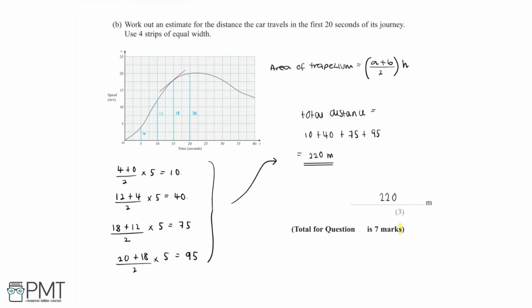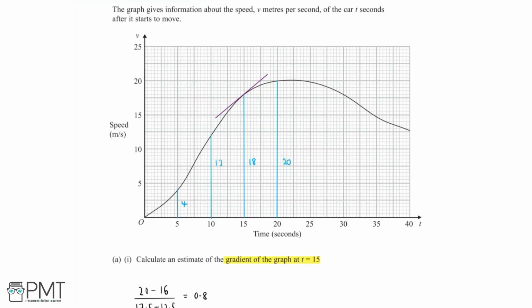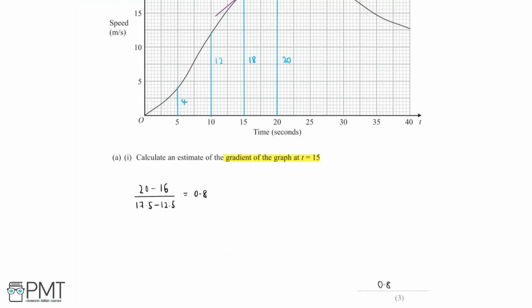Now this question is worth 7 marks, so let's take a look at where each mark is allocated. We get the first mark for drawing a tangent to the curve at t equals 15. We get the second mark for using this tangent in order to find the gradient of the graph. And we get the third mark for finding a gradient of 0.8.